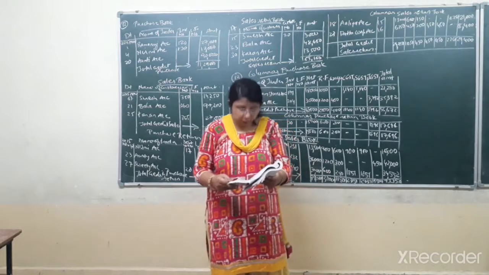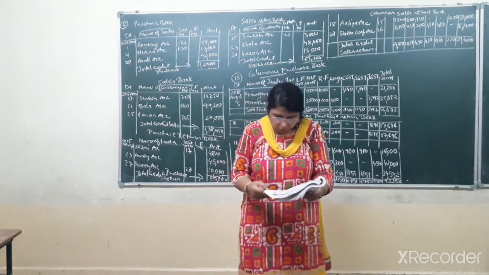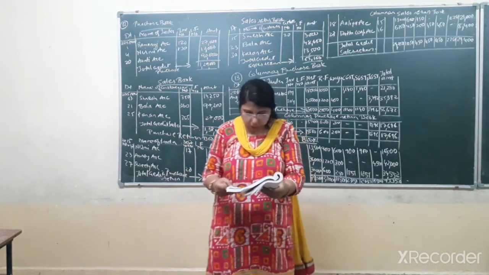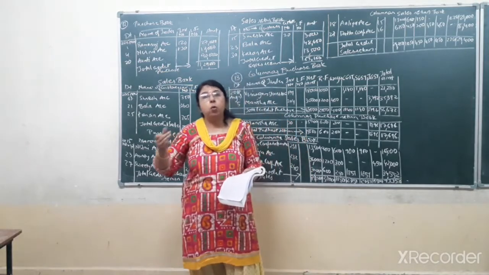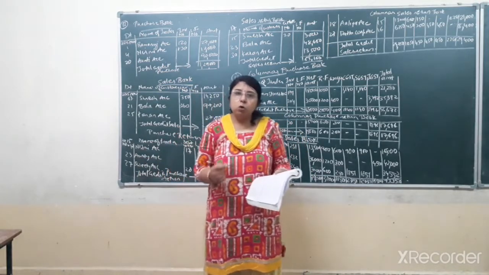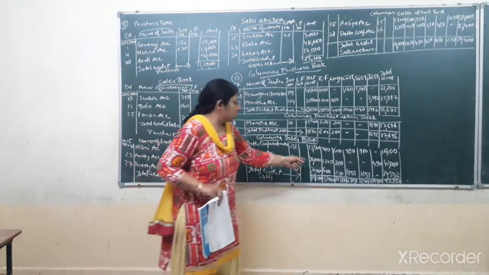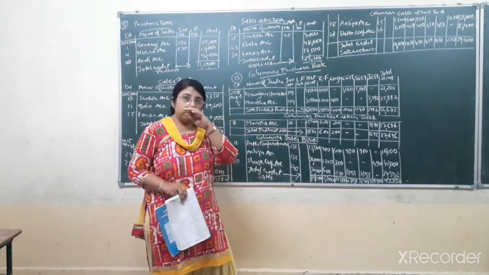Now moving on to 18th day, Alia has returned 50% goods. The proportionate amount of GST, railway freight and labor charges are adjusted. Previously we had purchased the goods from Manisha that we had sold to Alia. Out of the goods sold to Alia, worth rupees 36,000, Alia has returned 50% of the goods back to us.